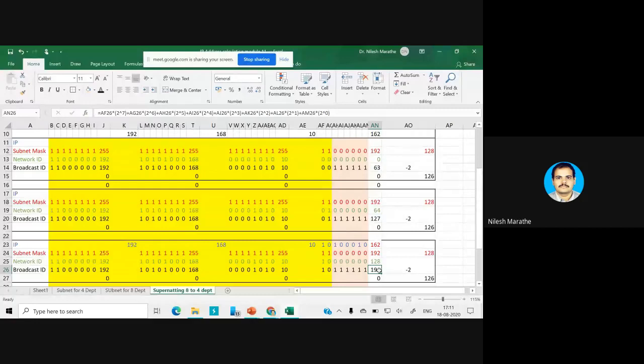Is this clear? This is the block where the IP address 192.168.10.162 belongs. This is required everywhere: GATE exam, NET exam, this exam, that exam, wherever a network question on IP addressing comes, this is used.